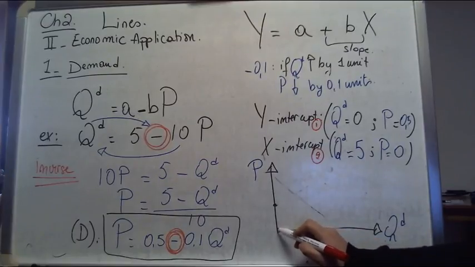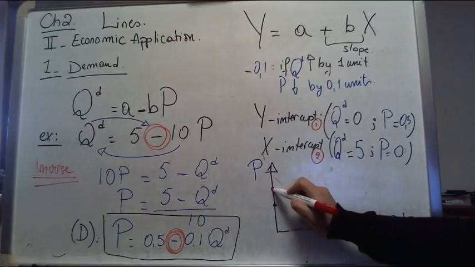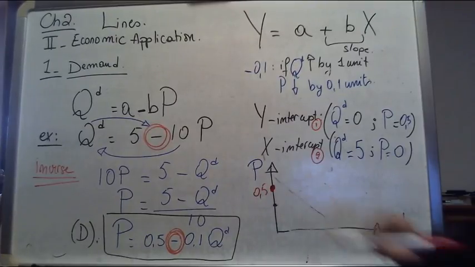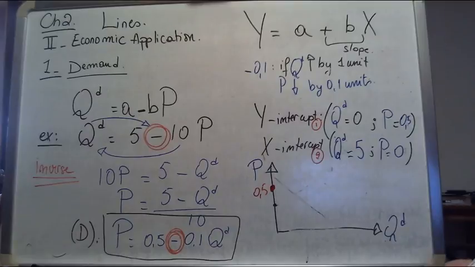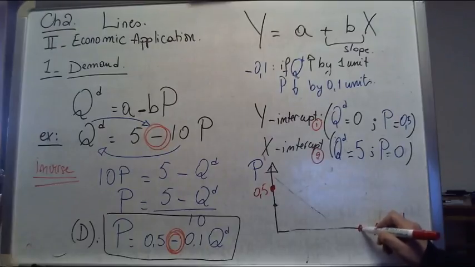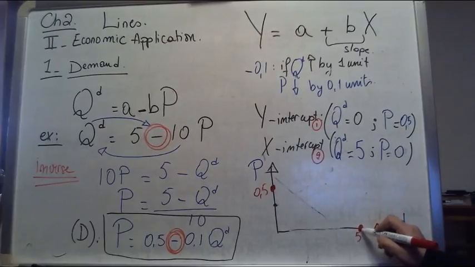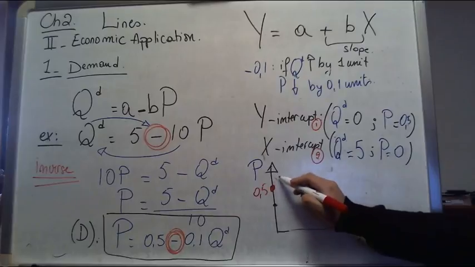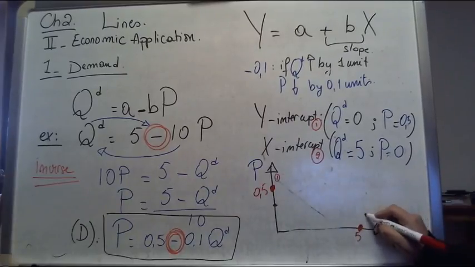When Q equals 0, P equals 0.5. I don't need a detailed scale. When P equals 0, QD equals 5. This is point 1, and this is point 2.